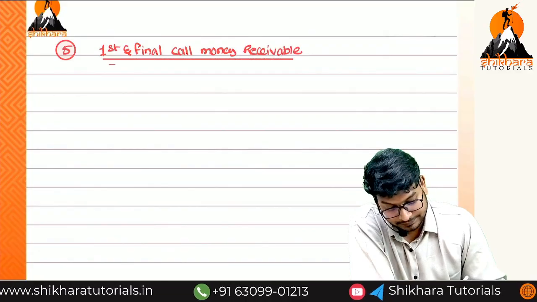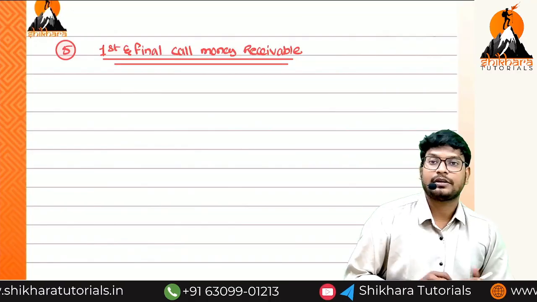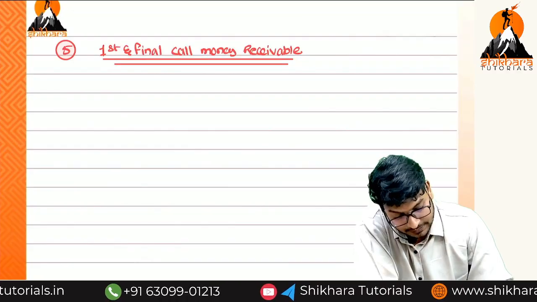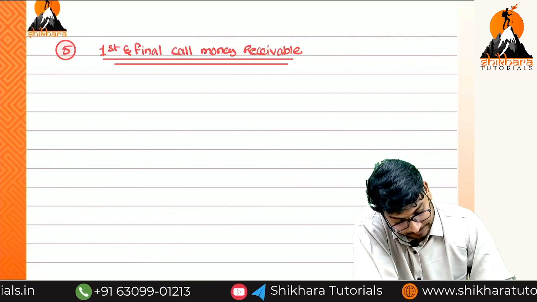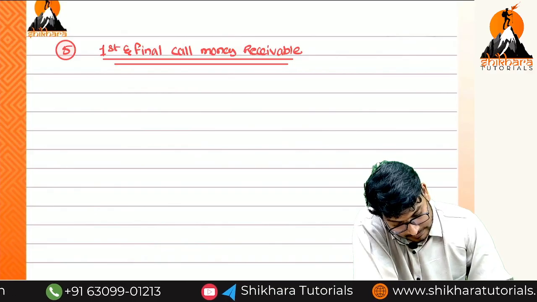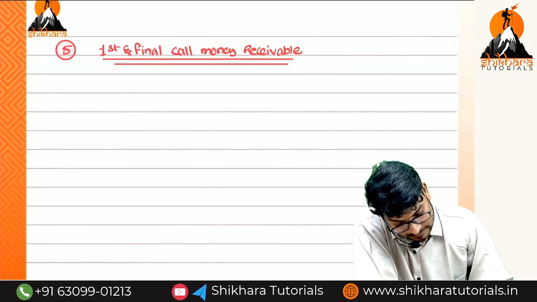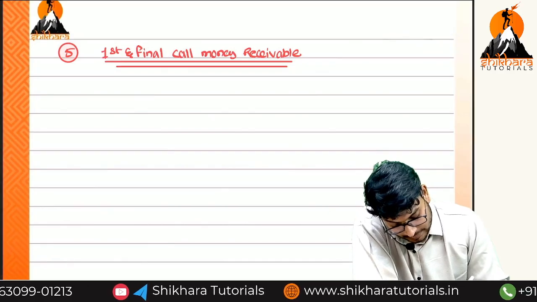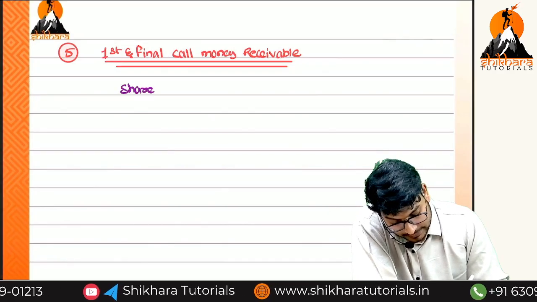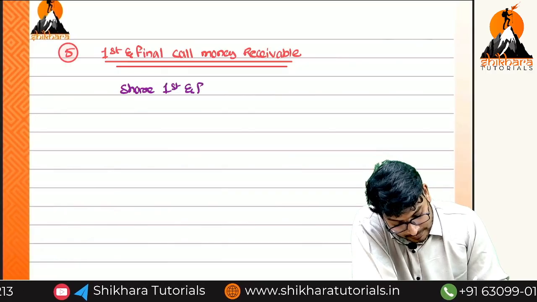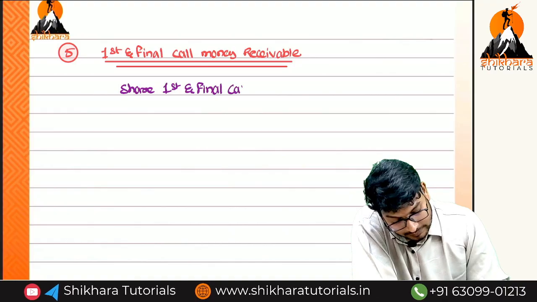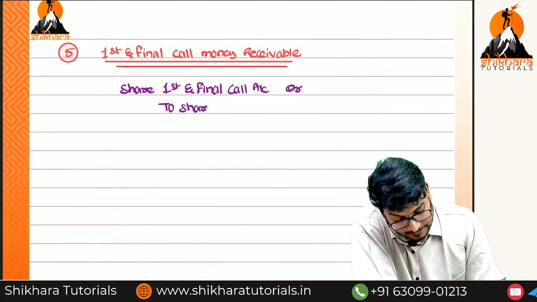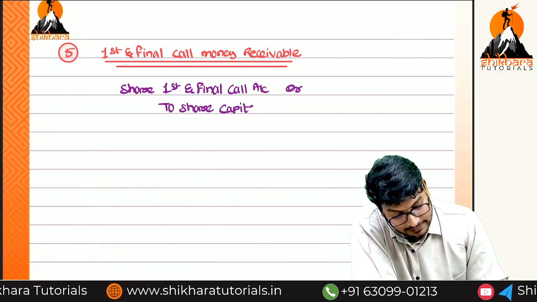What is the entry ma? Share first and final call account debited to share capital. There is no premium here. Is there any premium? There is no premium. So directly we can write: share first and final call account debited to share capital account.